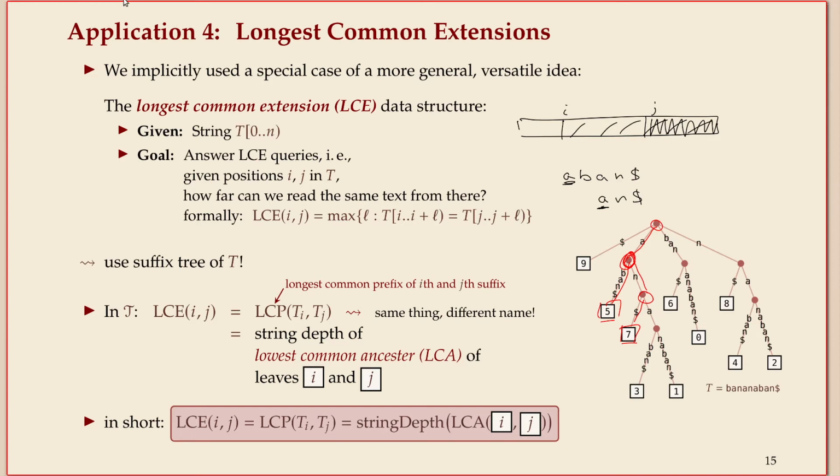So in short, and this is really highlighted here because you should remember this. We'll review it after Easter, but we'll use this later on. The longest common extension of two positions, as we've just argued lengthily, is nothing but the longest common prefix of these two suffixes. And that is the string depth of the lowest common ancestor of those two leaves with the given indices.